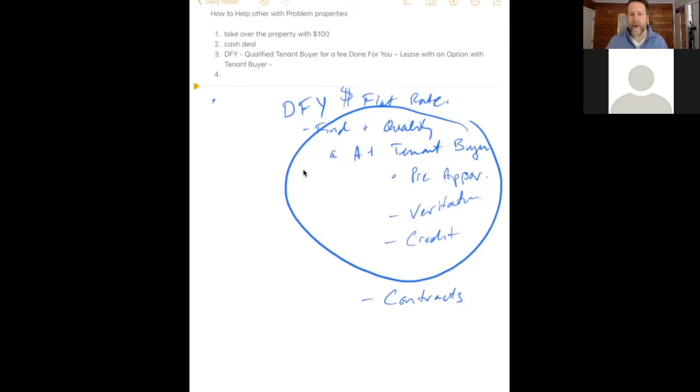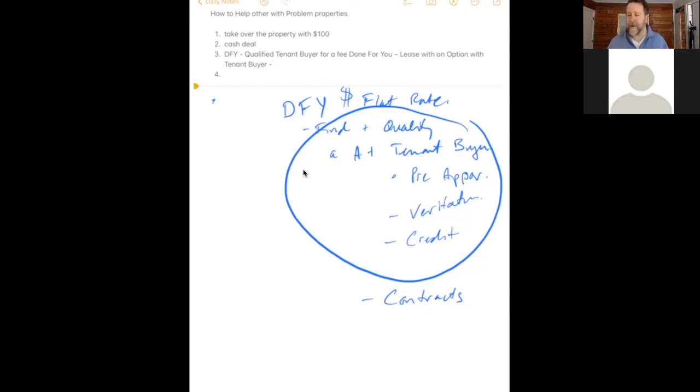And then the third one is the done for you lease option, where you set up a tenant buyer and package it as a deal for the investor to run themselves. Sometimes owners want to run the deal themselves, and that's fine.